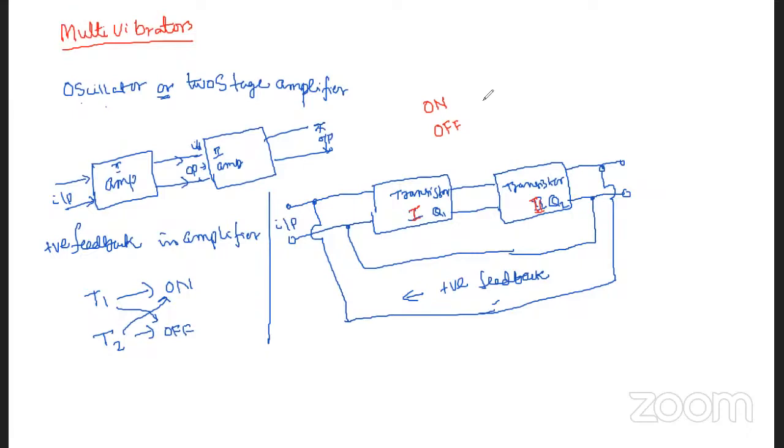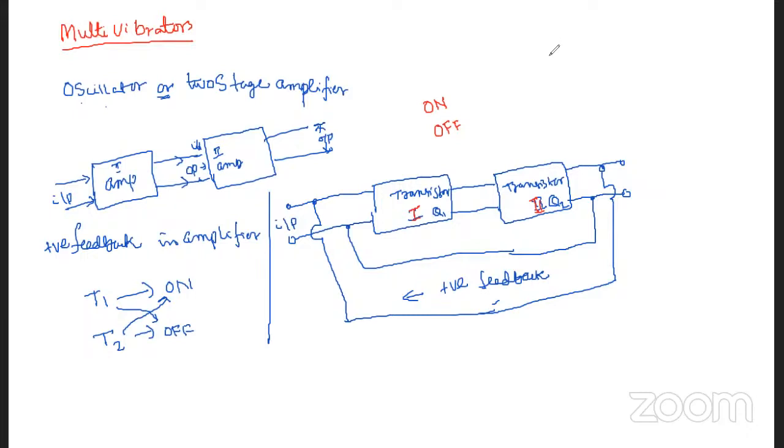Suppose here Q2 becomes on. In this case, if Q2 is in the on position, then first, through this transistor, the collector current IC flows. As we know, a transistor consists of three terminals: base, collector, and emitter.